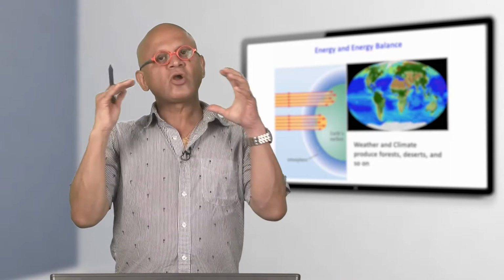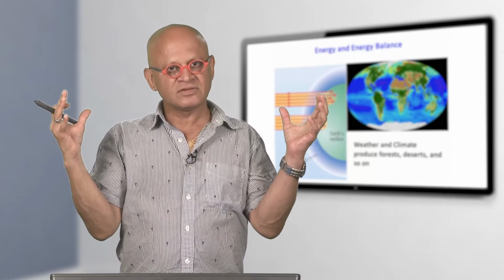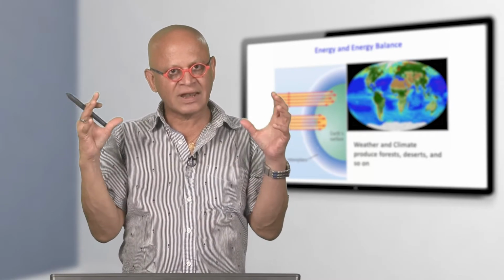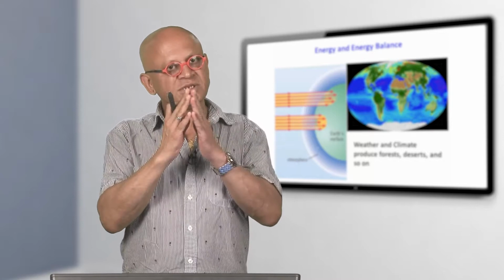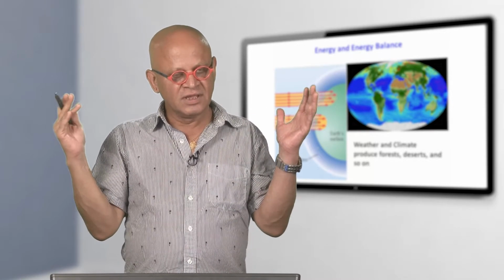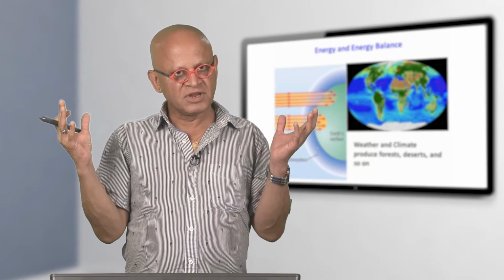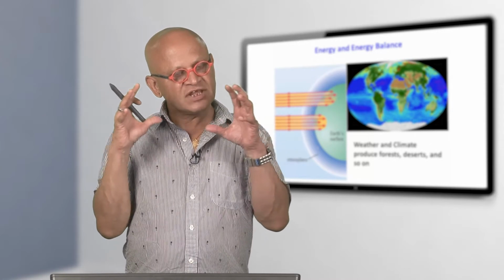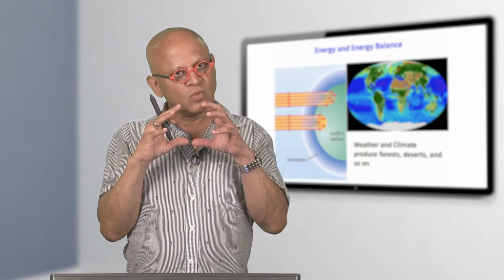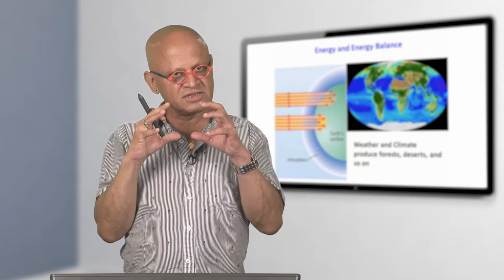So, that is kind of a broad overview of what climate is, what climatology means, what climate change means. There are changes happening on so many time scales. The causes and the drivers will be different, but first let us go back and try to understand what the basic climate science is.